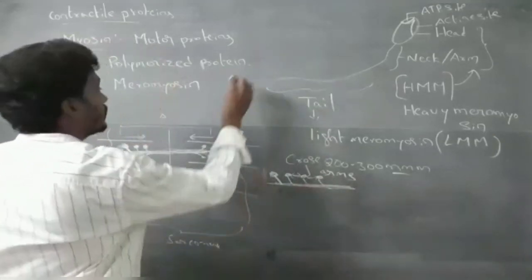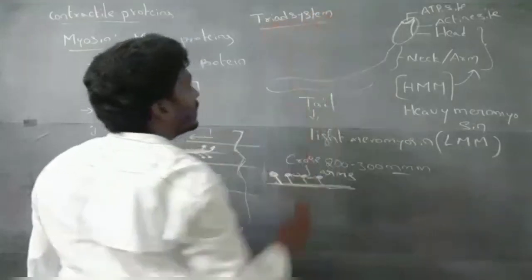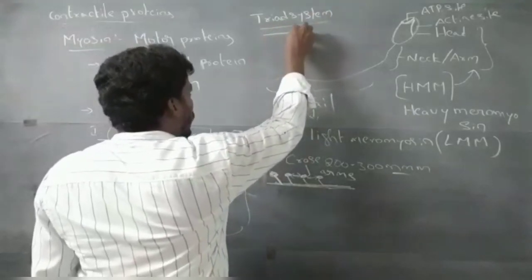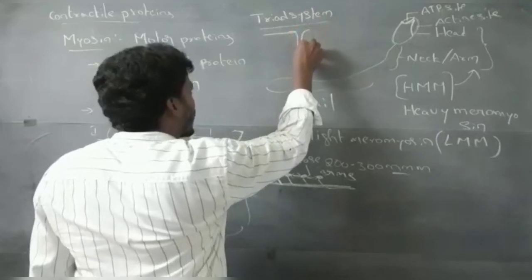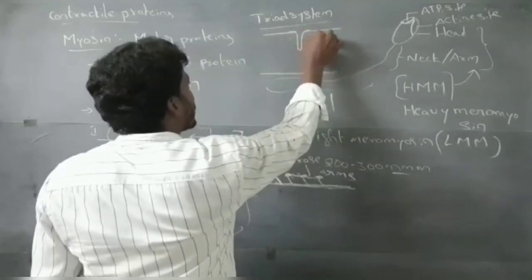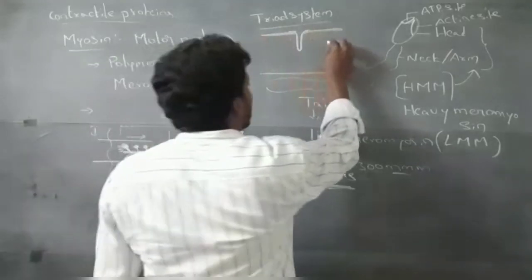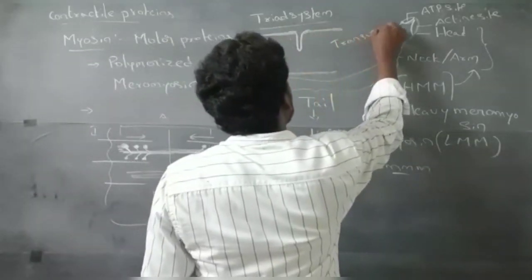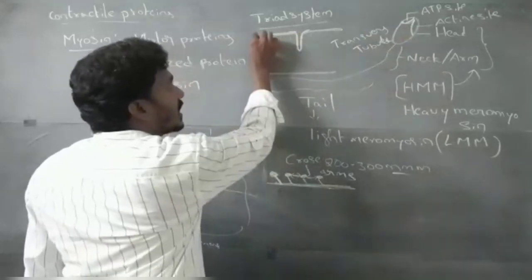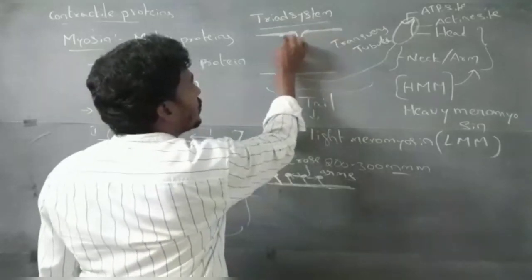Next, the triad system. The sarcolemma invaginates into the sarcoplasm to form a tubular transverse tubule.